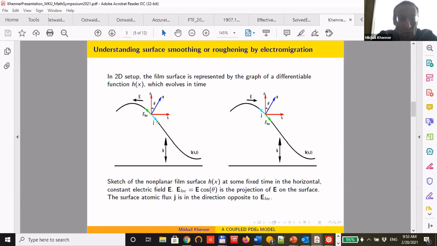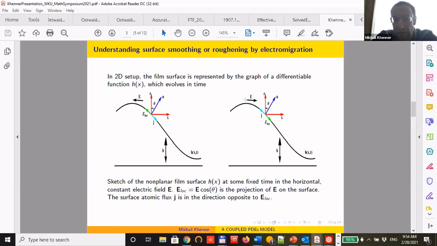Then it has a component which is uphill on the surface. This means that the electron wind is downhill, which is, the surface atoms get pushed downhill by the electron wind. And therefore, the hill in time will become smoother, and in the limit of infinite time, so to speak, the surface will become planar.